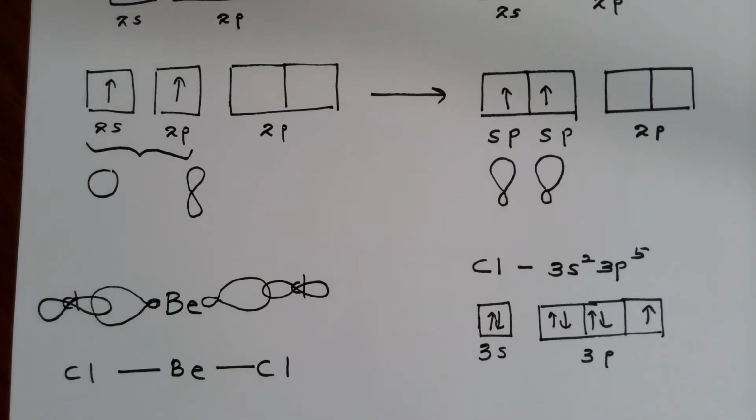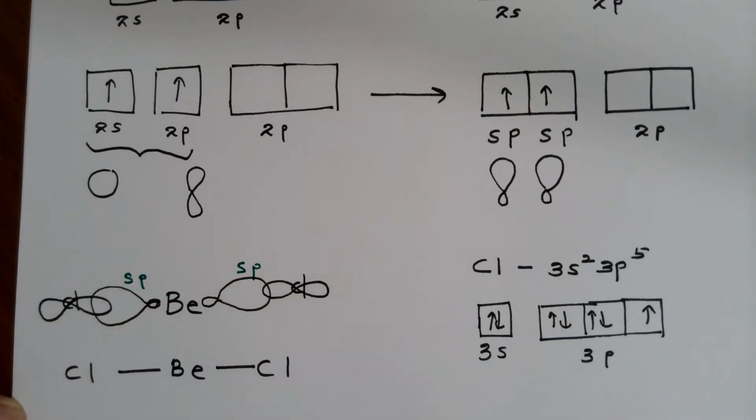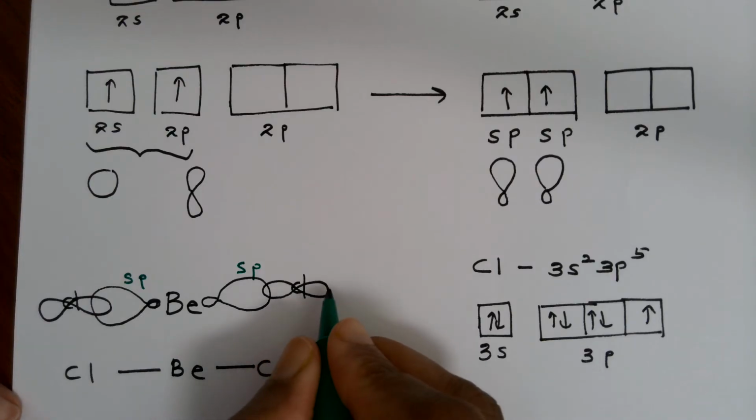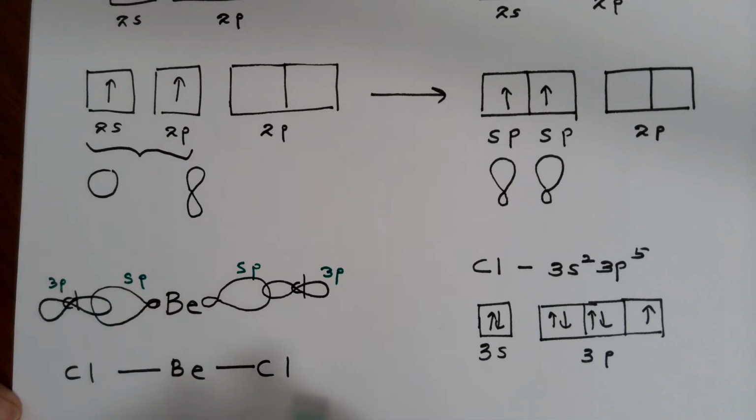So let's say it again: beryllium forms two sp hybridized orbitals, and the terminal chlorine atoms' 3p atomic orbitals come and overlap with the two hybridized orbitals on beryllium on each side, forming the BeCl2 linear molecule. So the bond angle is 180 degrees.